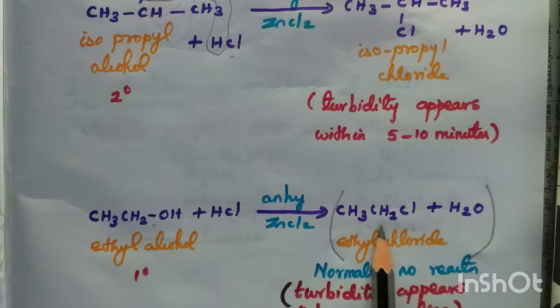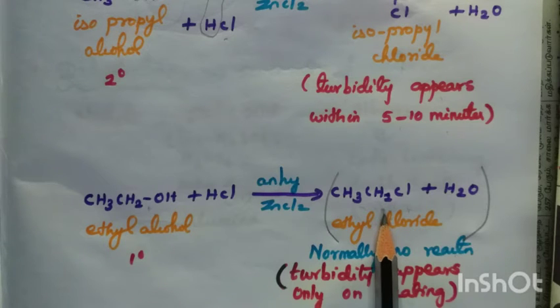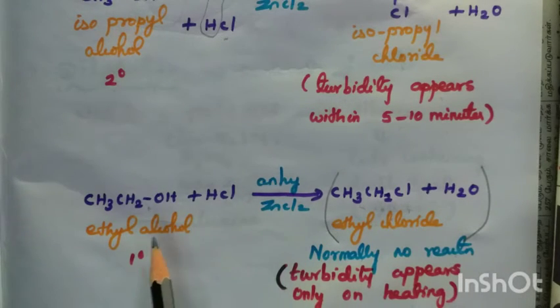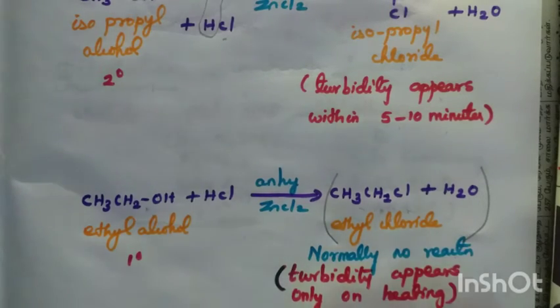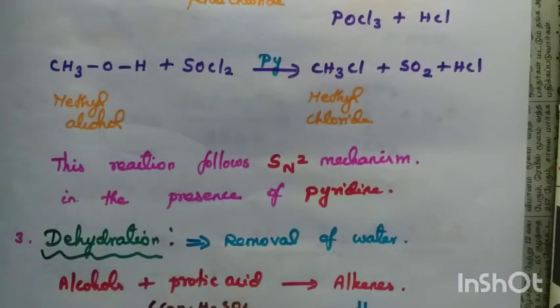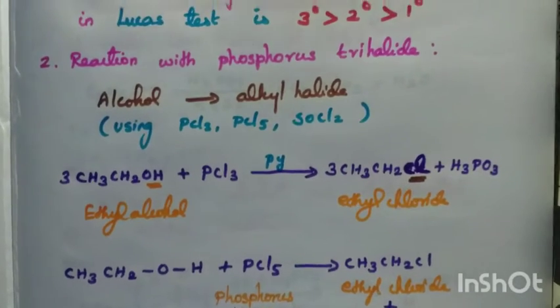So there is no reaction at room temperature. On heating, it has a tendency to form turbidity, that is, ethyl chloride is formed. So tertiary alcohol forms turbidity immediately, secondary alcohol in 5 to 10 minutes, and primary alcohol only on heating. What is the Lucas reagent? Anhydrous zinc chloride and concentrated HCl.